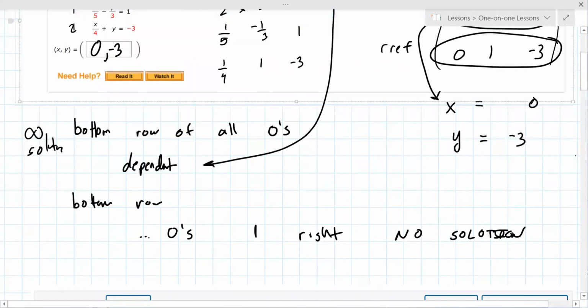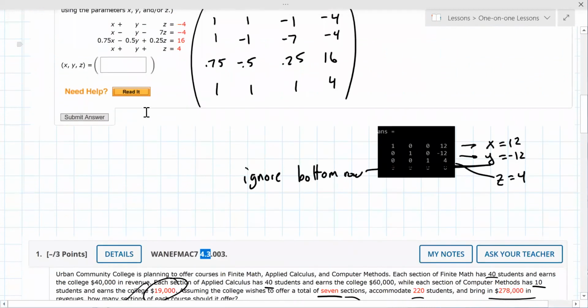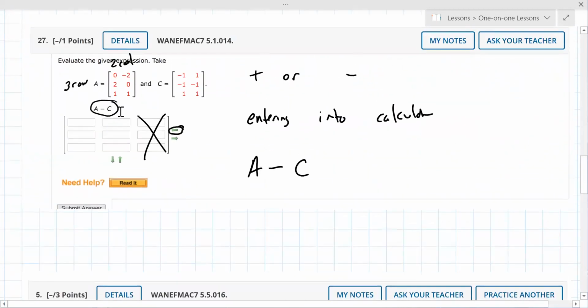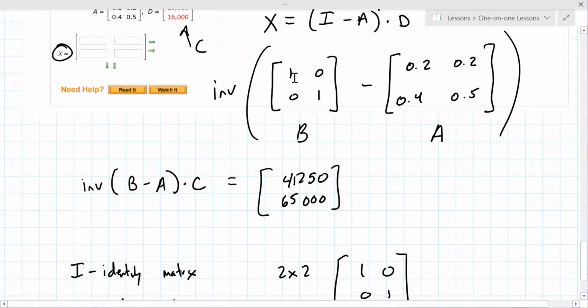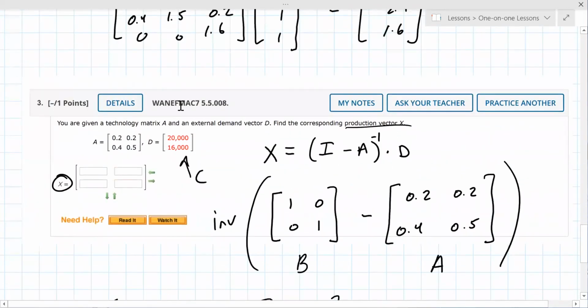So in one of these earlier problems, like here 27, you can only add or subtract matrices of the same size. So when we're doing this problem that we just did, if A is 2 by 2, then the identity matrix is 2 by 2. Question 4 is a 3 by 3, so your identity matrix is 3 by 3.